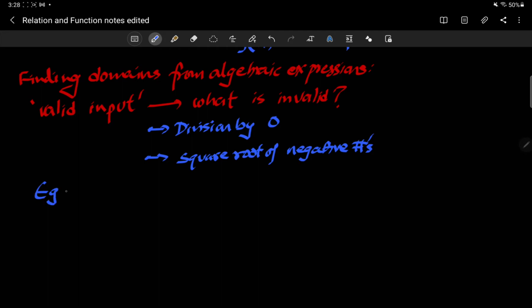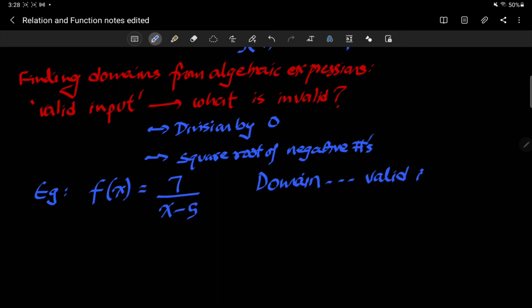So let's look at an example. Let's say I have a function which is 7 over x minus 5, and I want to find the domain of this function. Now remember, domain means the set of valid inputs, which means the x values.